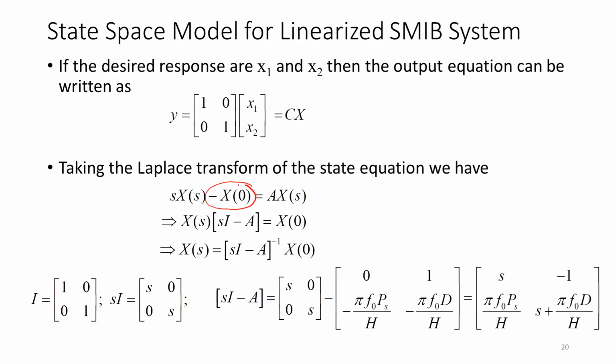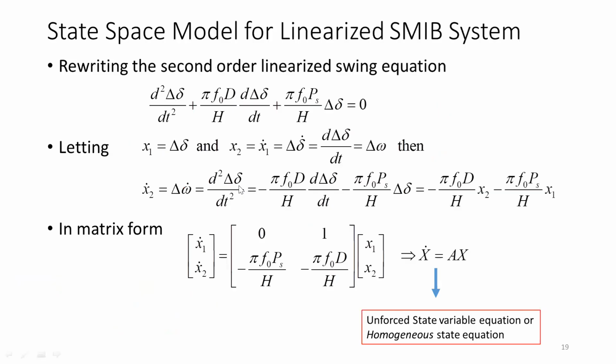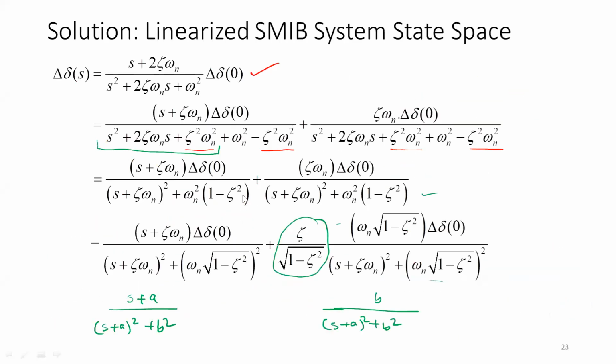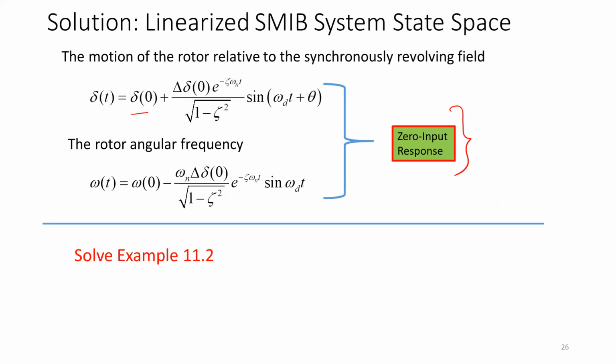Because we had no input, right? Again, if I go back, your default format is ax plus bu. But since we don't have any input, we have neglected this term. Since there is no input, we took the initial condition. So as we do not have any input, this is known as our zero input response.